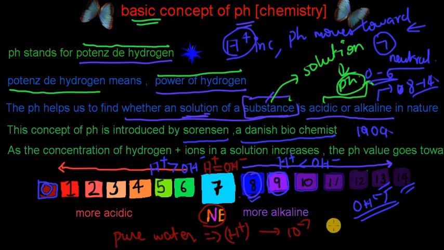As it is equal to the number of hydroxide ions, the molar concentration of hydroxide ions will also be 10 to the power negative 7. The reason they have the same quantity in pure water is that in pure water the number of hydrogen ions equals the number of hydroxide ions.